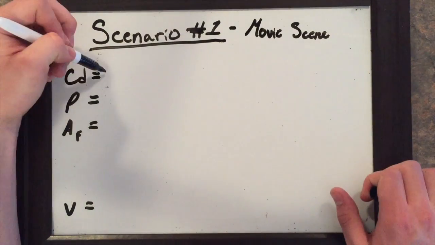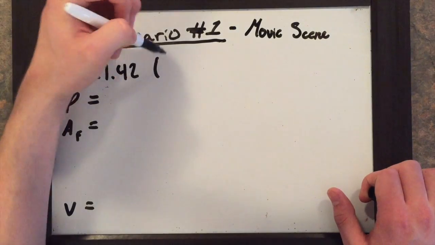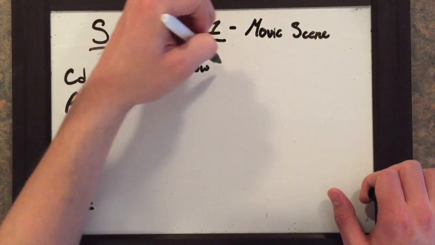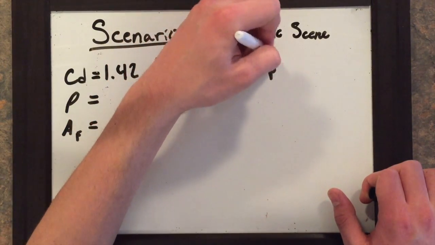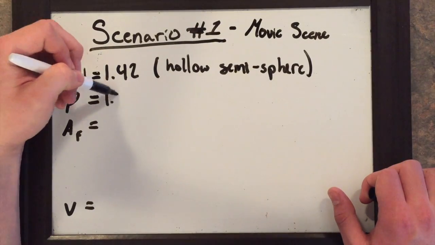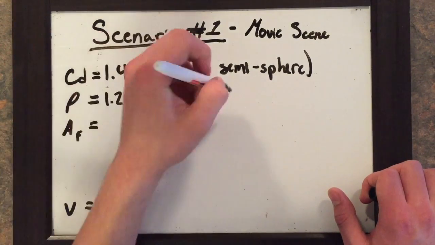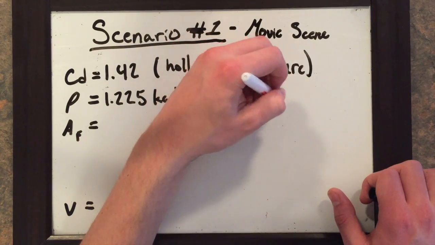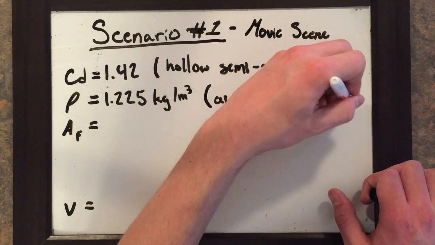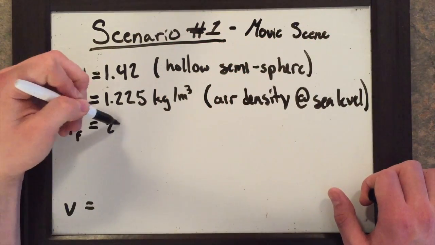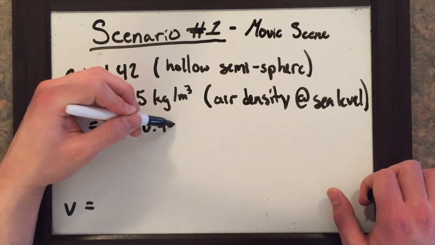Now time to sub in the variables for the first equation. The coefficient of drag for the first equation will be equal to 1.42, found off an internet source of a hollow semisphere. The air density of London, where she is falling from, is approximately the same air density at sea level, which is 1.225 kilograms per meter cubed.